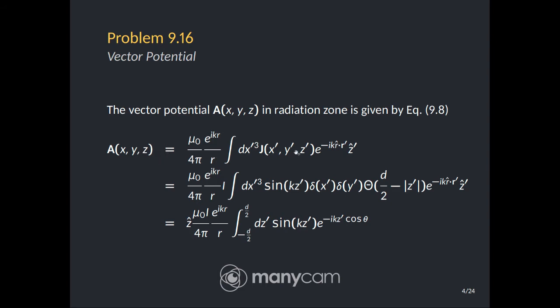After we expand our current density and integrate over the x and y positions, we finally get that our vector potential is a constant times the exponential ikr divided by r times the z integral of sine kz prime times exponential minus ikz prime cosine theta, where theta is the angle between the z direction of our coordinates and the observer's vector.